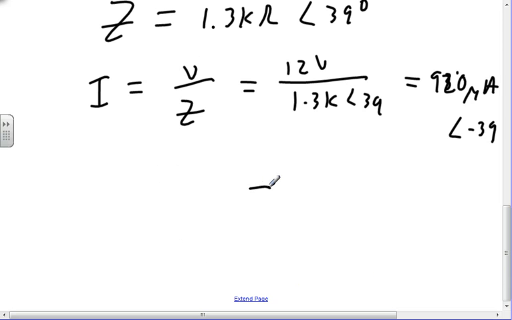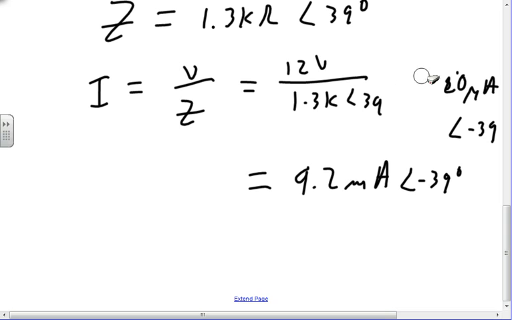Although it looks sort of weird, so I'll write it over here. Actually, it's 9.2 milliamps angle minus 39. For those that put it in their calculator and got the right answer, unlike me, who with his trifocal saw it differently until I looked at it again.